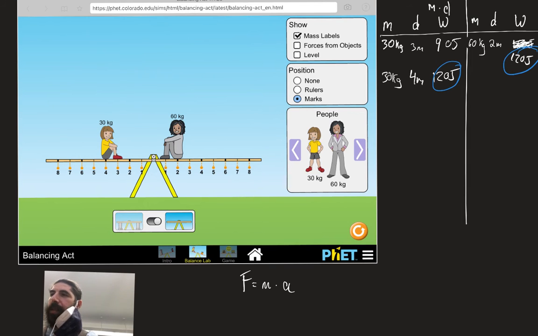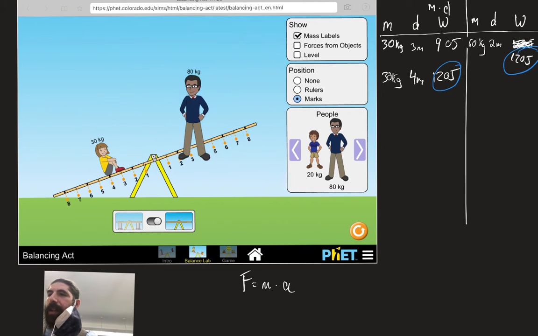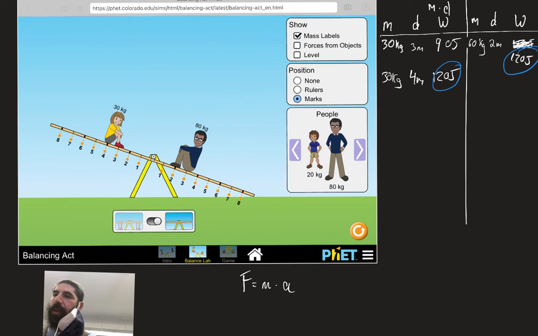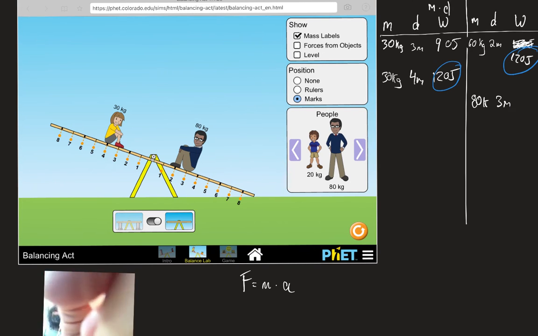Let's try a different case. Instead, let's try balancing a 30 kilogram kid with an 80 kilogram person. Well, 80 kilograms times 3 meters is 240 joules. What is 30 kilograms times 4 meters? Oh, we know that. That's still 120 joules, so that's not going to balance.